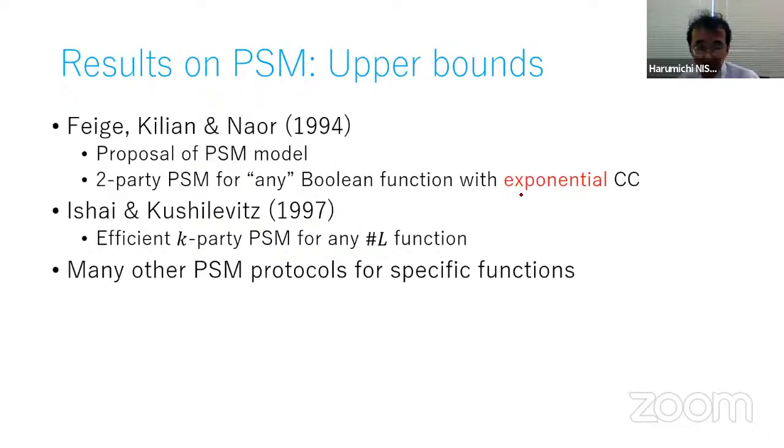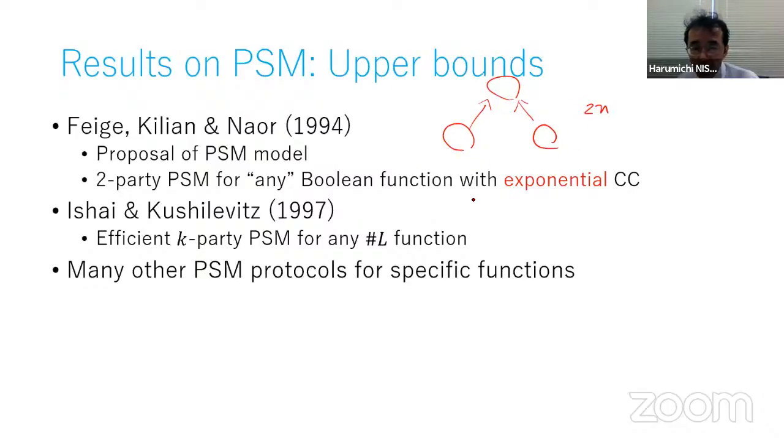The important point is that for the two-party case with no security, 2n is a trivial upper bound.